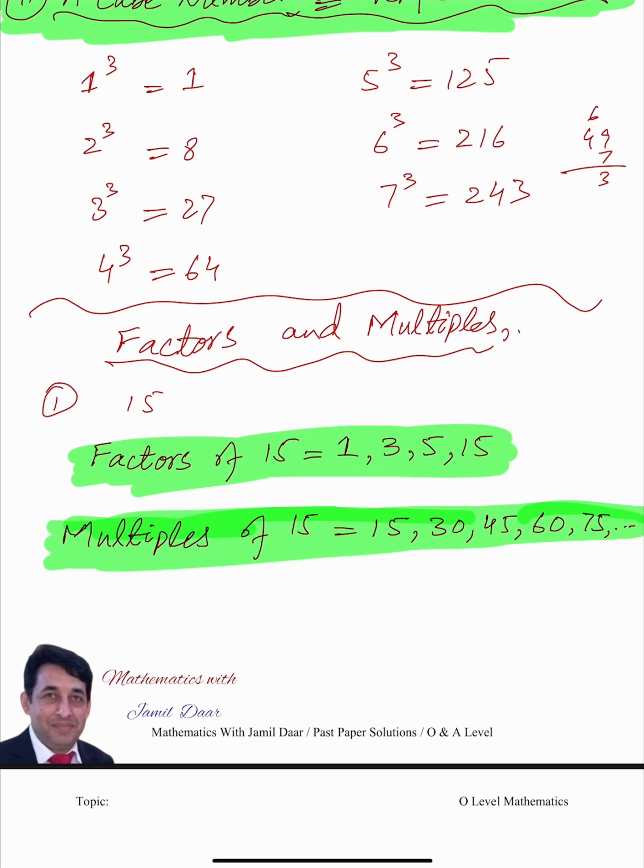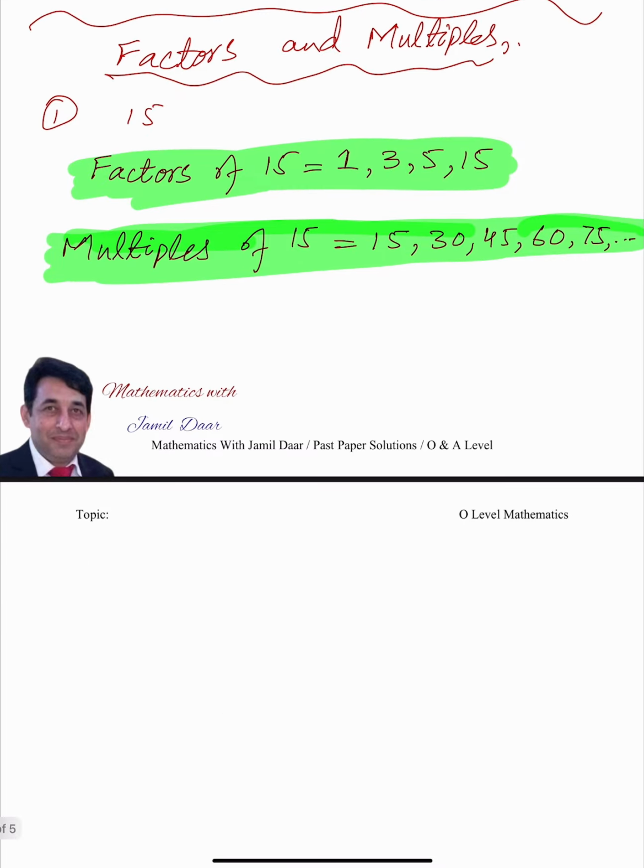And 15 is divisible by 15, 30 is divisible by 15, 45 is divisible by 15, 60 is divisible by 15, and 75 is divisible by 15. So all these numbers are called the multiples of 15. That means they come in the times table of 15. Hope you have understood.